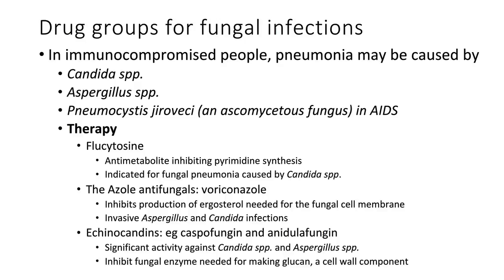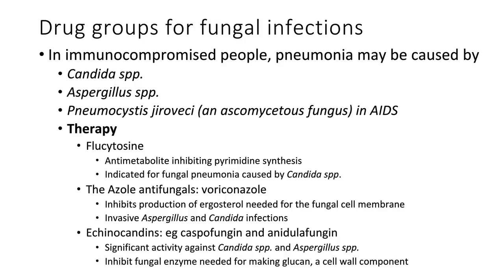And so pneumonia can be caused by Candida species, it can be caused by Aspergillus species, and also Pneumocystis jirovecii, which is the fungus that we see causing pneumonia in those who are HIV infected, where the HIV has moved on to AIDS. So how do we treat it?